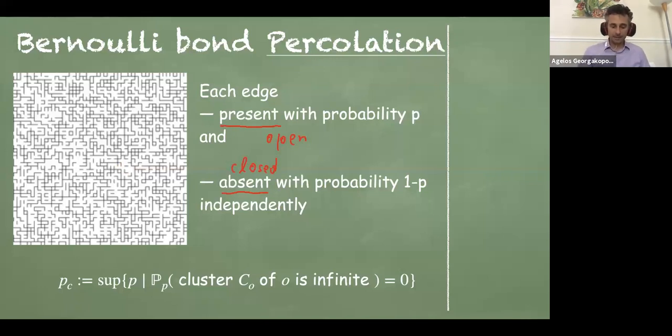This model is very simple to define, and an important feature about it is the phase transition. This number p_c: as we increase p from 0 to 1, there comes this p_c, below which there are only finite clusters, only finite components, and above which we almost surely have an infinite component.